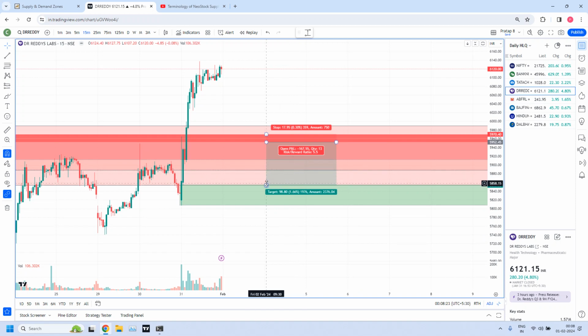This is how you have to analyze the stocks when you are finding rejections. That's why rejections is a very powerful concept. Especially the rejections from high liquidity zones is the most powerful concept. If you observe clearly, all this analysis is based on the rejections.